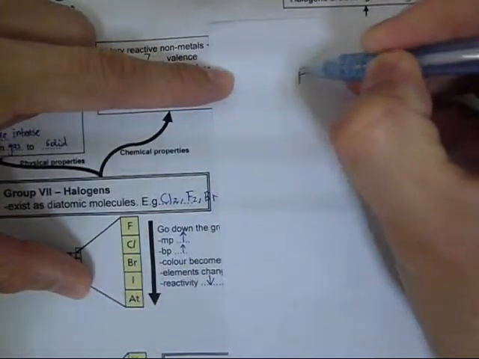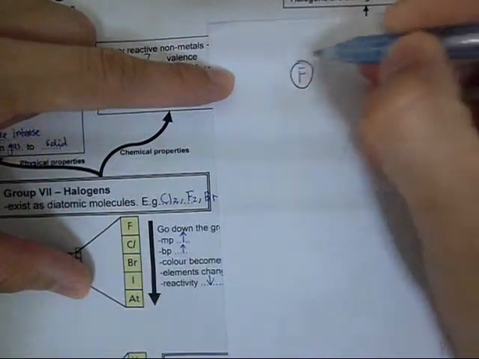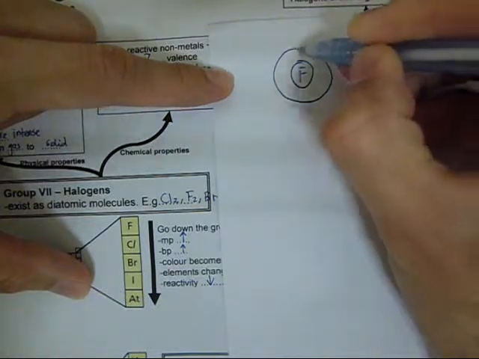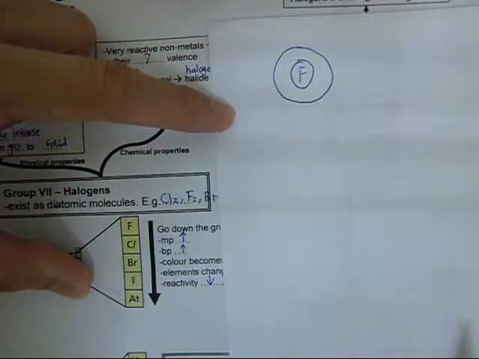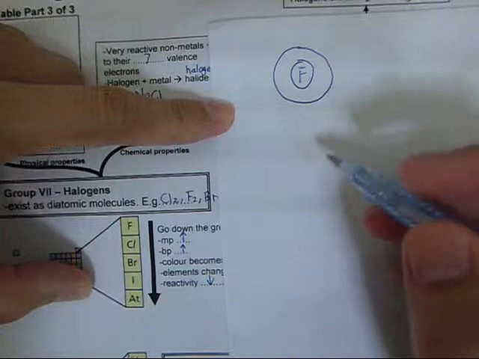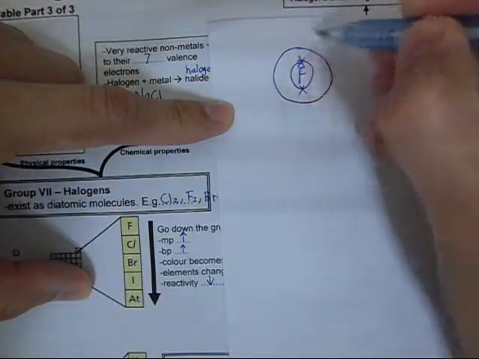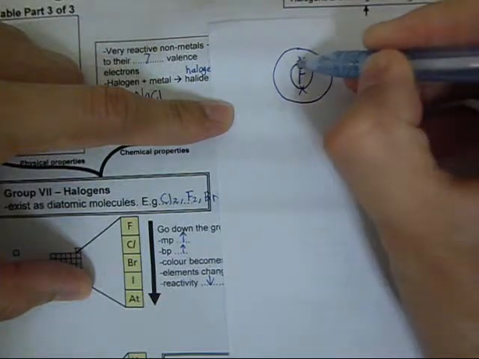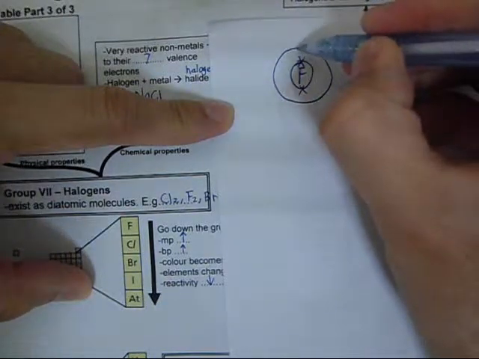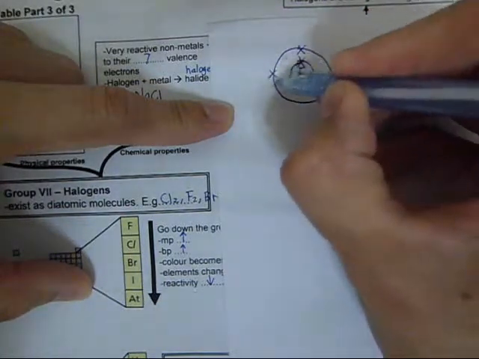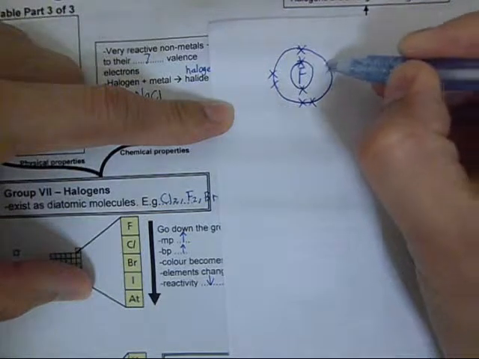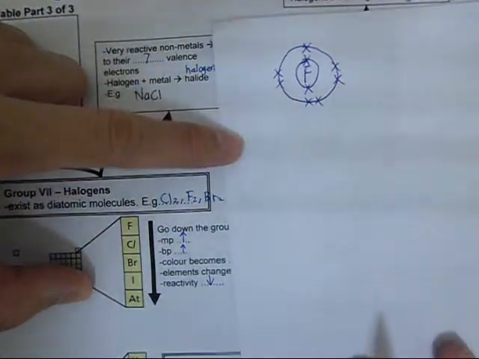So fluorine, when you look at the electronic structure, fluorine would be like this: 2 electrons on the first shell, and then the second shell it would have 1, 2, 3, 4, 5, 6, 7. So fluorine would be like this.